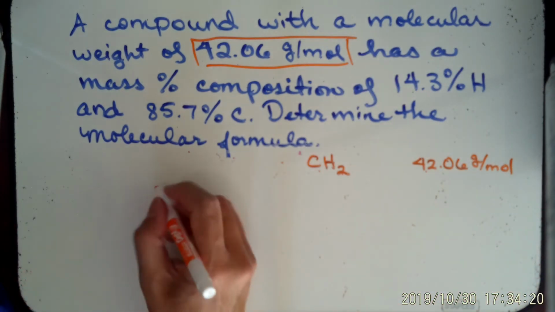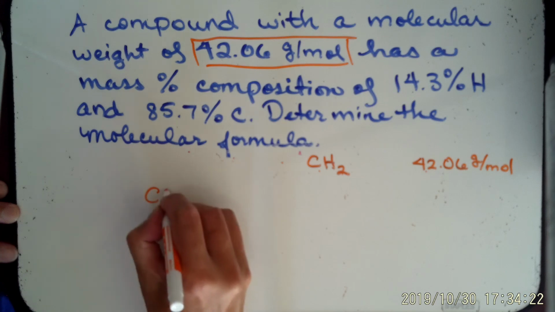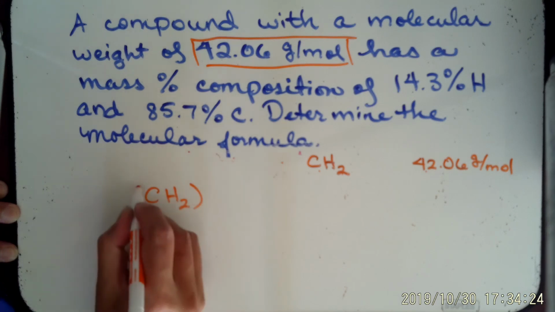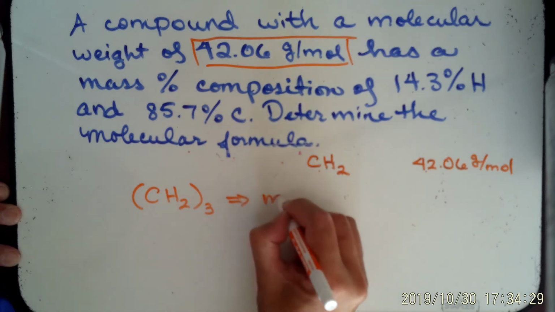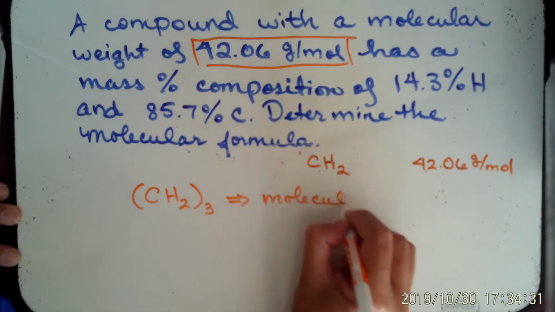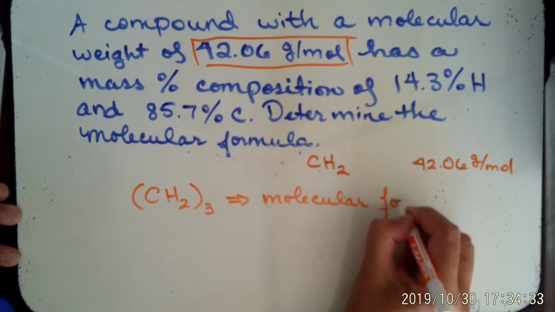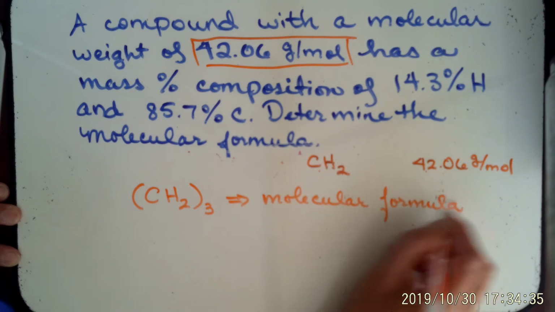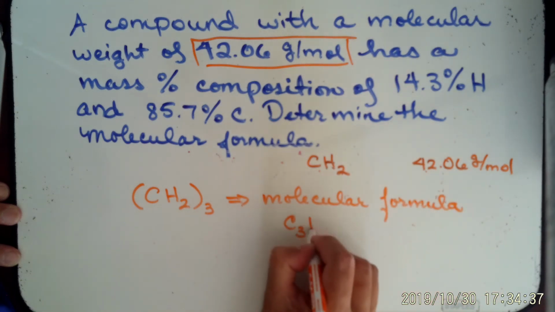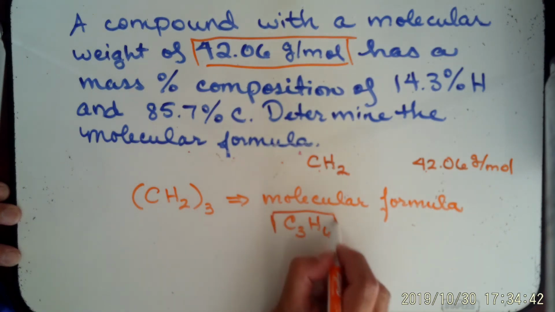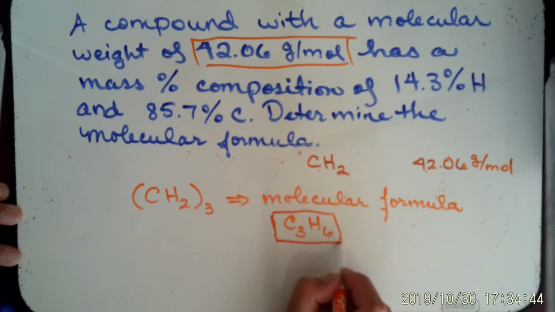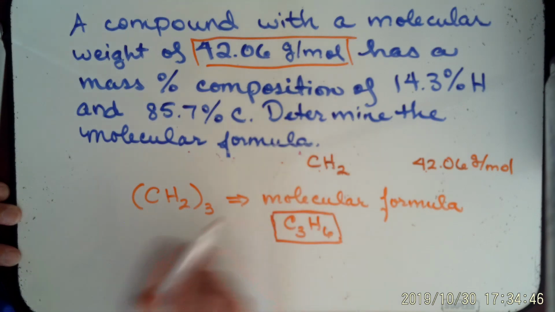So when we multiply CH2, we determine n was 3. Our molecular formula is going to be C3H6. Multiply it out, and this is what you get. And we do that when we talk about molecular compounds, multiply them out.